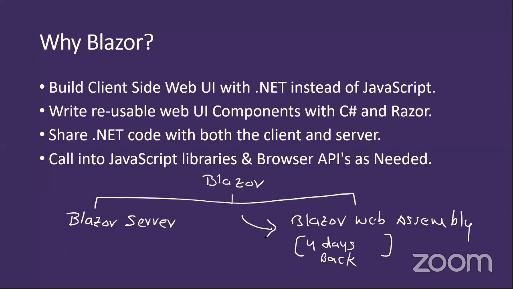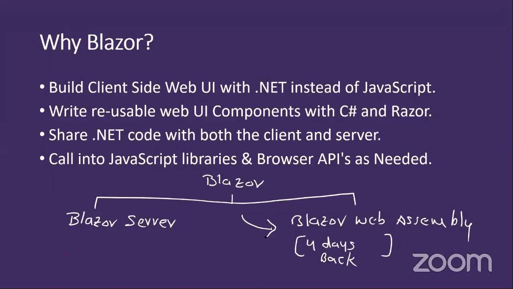You can use it for production also. That means now Blazor has two operating models. Blazor applications can operate in two different modes: one is server, another one is WebAssembly.